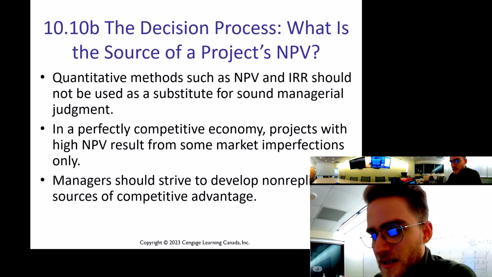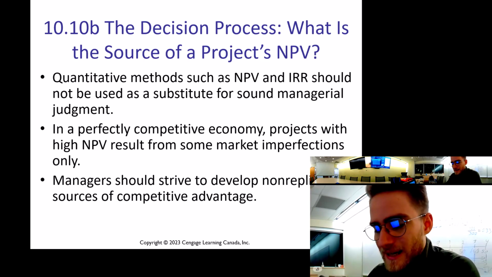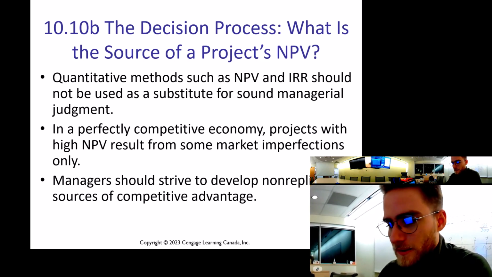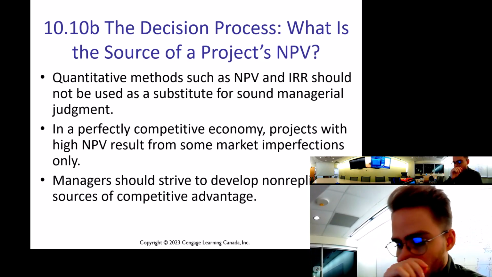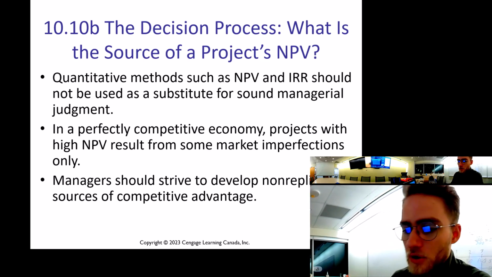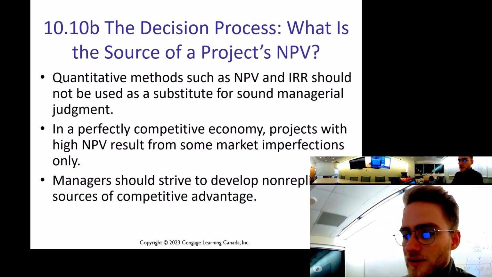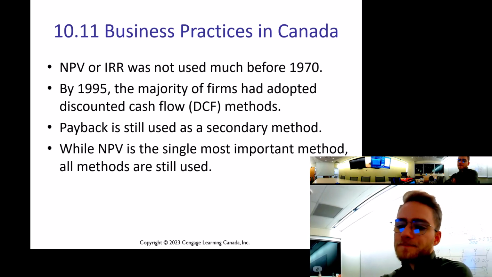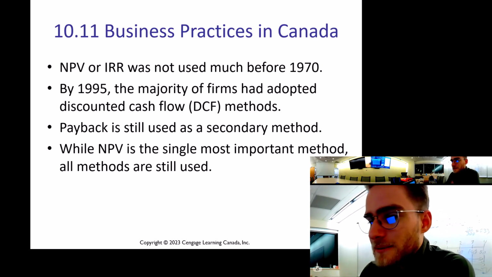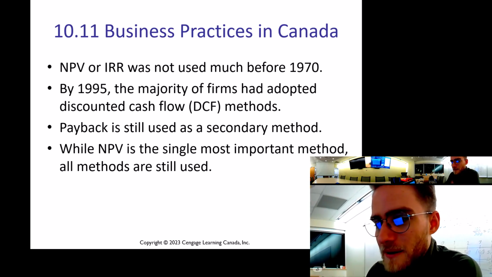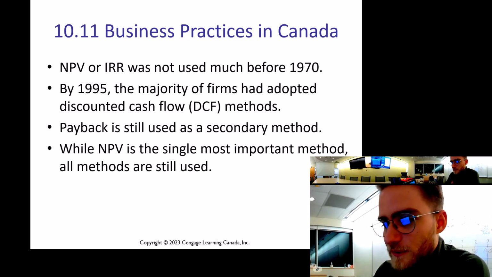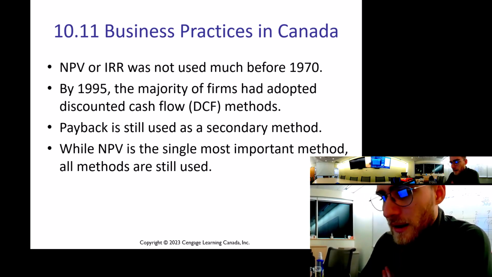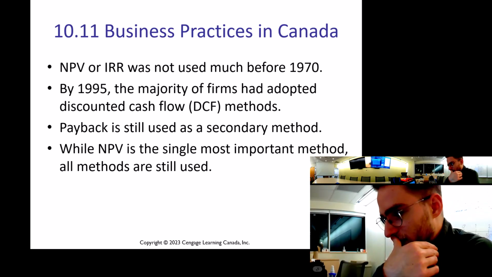Okay. In a perfectly competitive economy, projects with high NPV result from some market imperfections only, and managers should strive to develop non-replicable sources of competitive advantage as well. That has to be factored in. So, business practices in Canada: NPV or IRR was not used much before the 1970s. I believe it was mostly payback period methods.